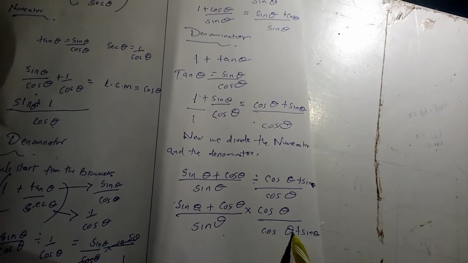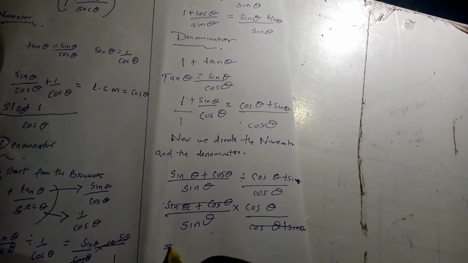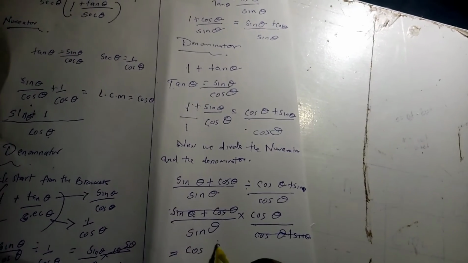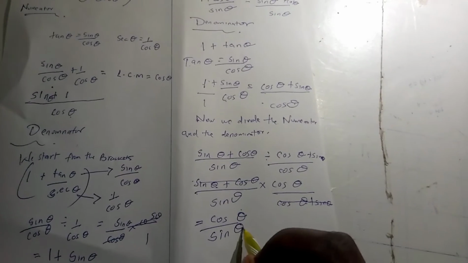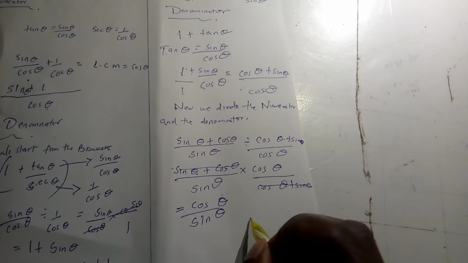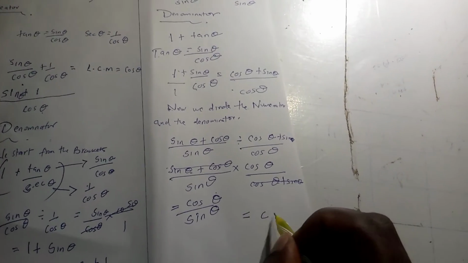So we see sin theta plus cos theta, and there we have sin theta plus cos theta, so they can cancel each other, and the one remaining will be cos theta over sin theta. Cos theta over sin theta is equal to cot theta.